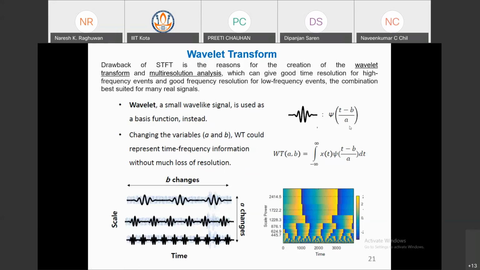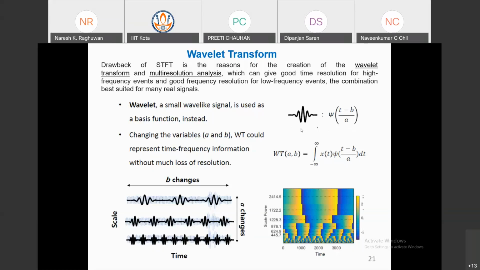If b is changing, that means you are shifting in time. If a is changing, it means the particular wavelet you are flowing over the signal is scaled. So you will get a new signal, and your graph will be scale versus time.